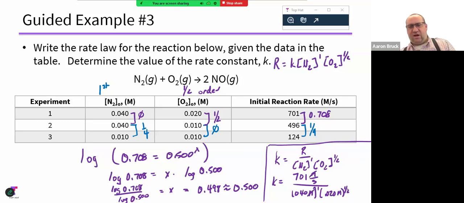The molar to the half does not. 701 divided by 0.04 divided by 0.02 to the half power, to two significant figures, gives us a ridiculously high number, 120,000. And the unit on it would be molar to the negative half, seconds to the negative first. So expanding this, 120,000.